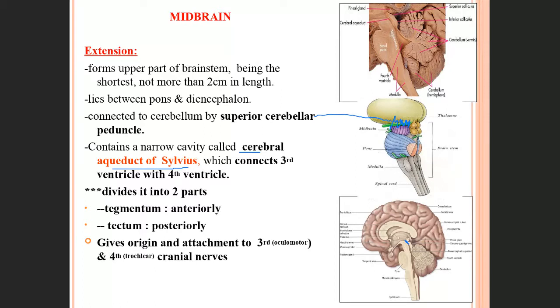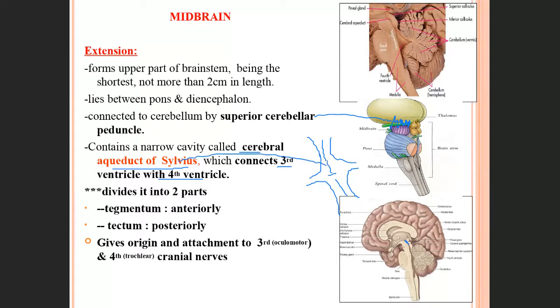This aqueduct of Sylvius connects the third ventricle to the fourth ventricle. So here is one cavity, and here there is another cavity, and there is a connection. This is the third ventricle and here is the fourth ventricle. The connection between these is called the aqueduct of Sylvius.